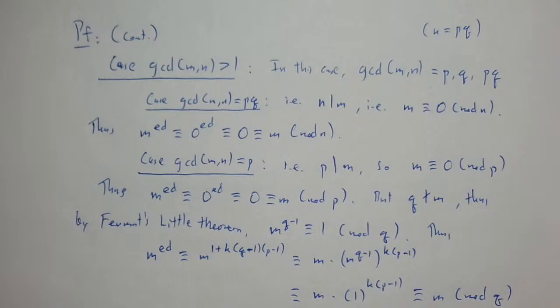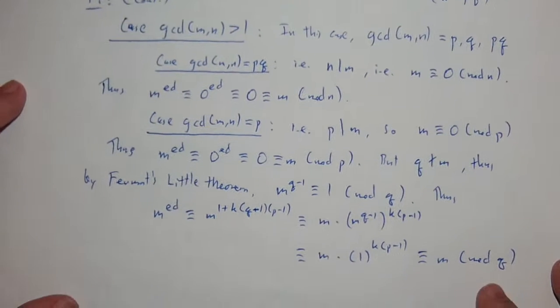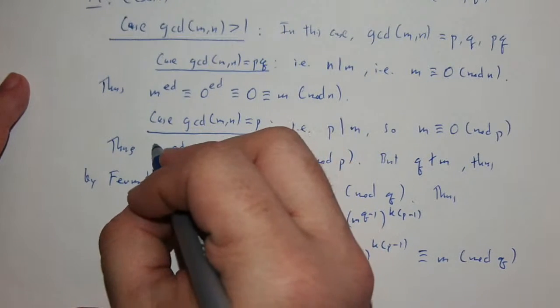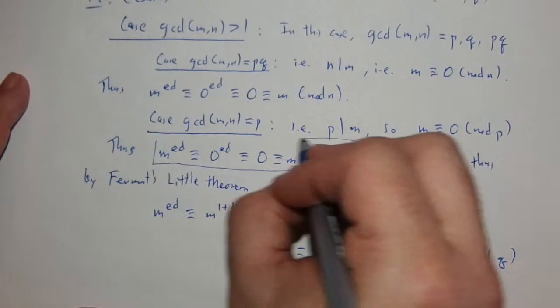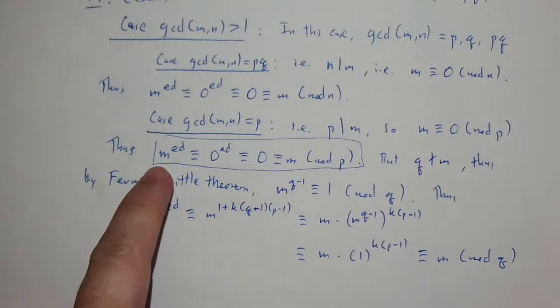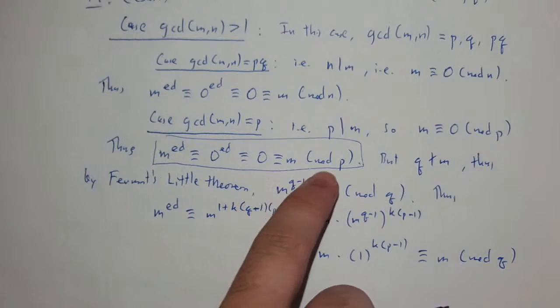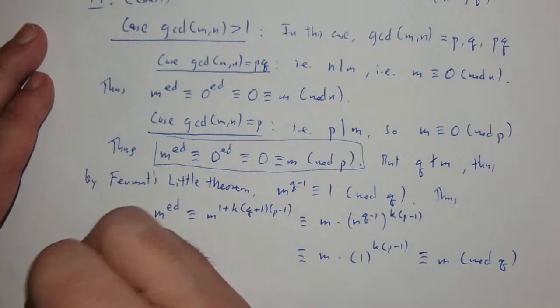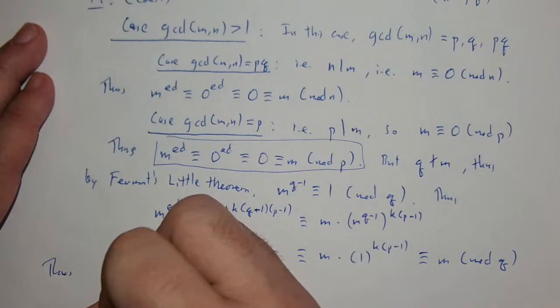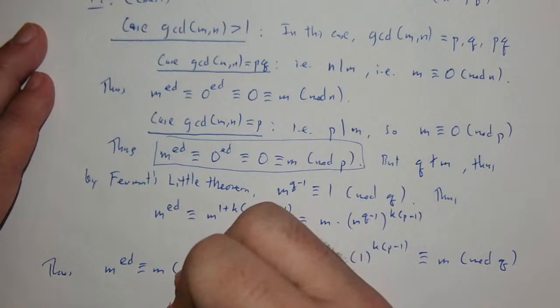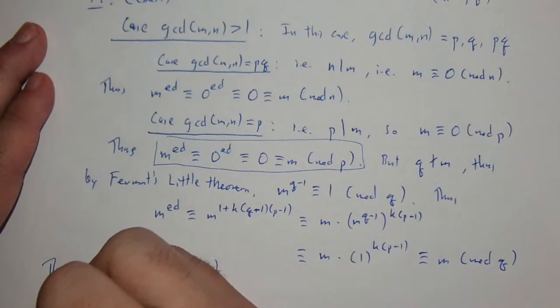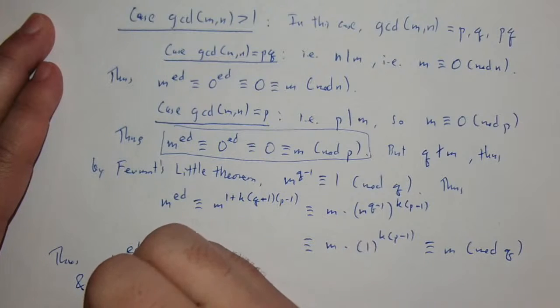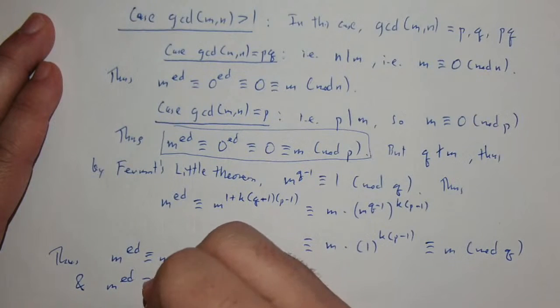Okay. So what have we shown here? So we have shown that m to the ed is congruent to m mod p, but also m to the ed is congruent to m mod q.